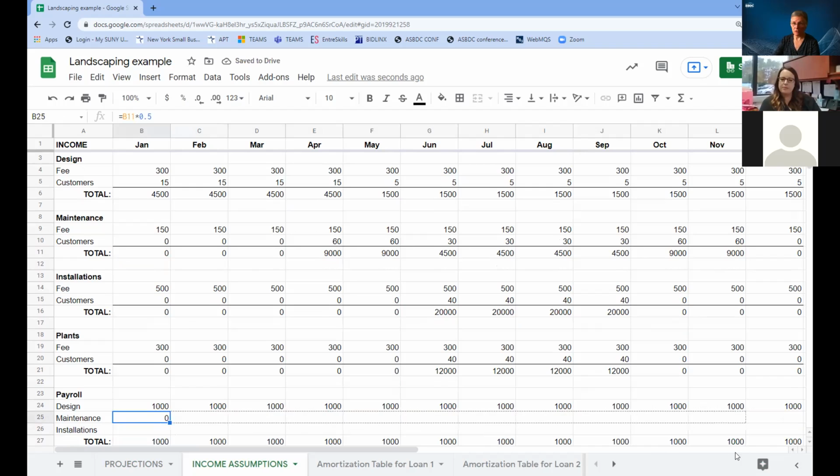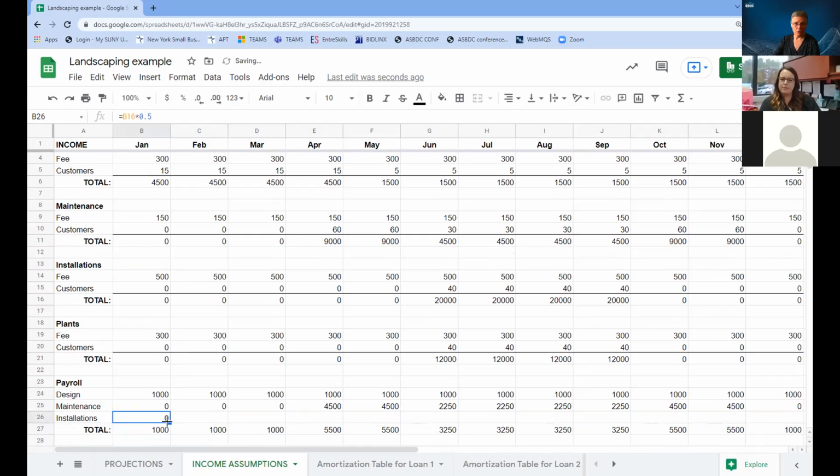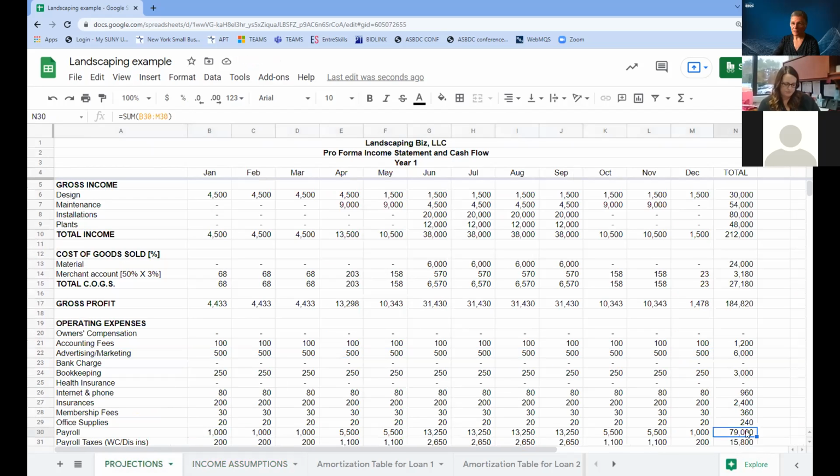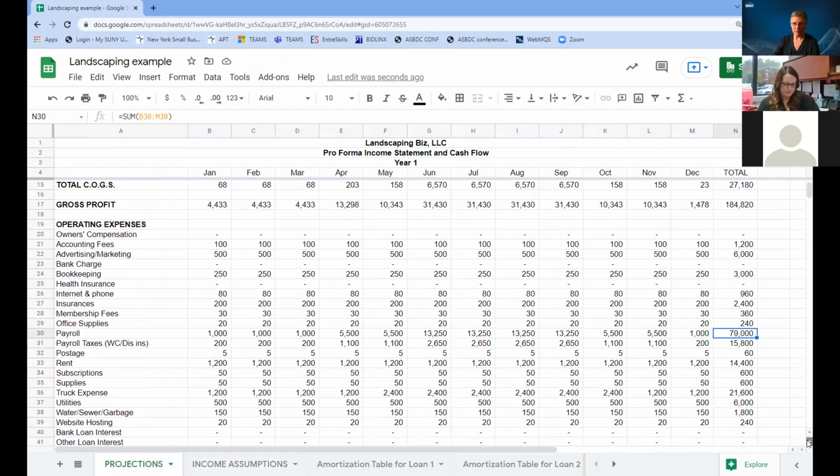That would be a good way to calculate this. And then installations, same thing. I'll assume that half of the fee for installation goes towards labor. And let me just see if that makes any sense. And now it's in payroll, and it's about 80,000. It's a little low, but for the exercise, we're going to see how that works.